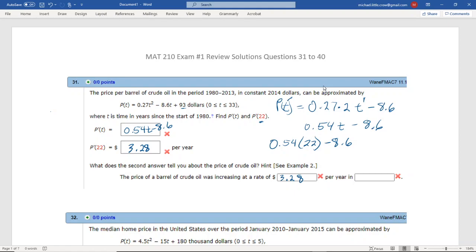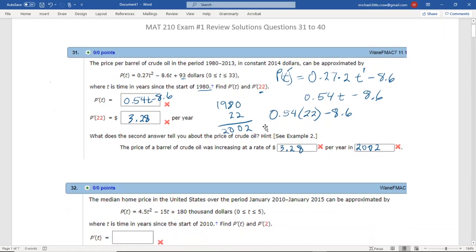T is time in years since the start in 1980. So we get 1980 plus 22, which is 2002. So per year in 2002, not just 22. Okay, so there's our first one.